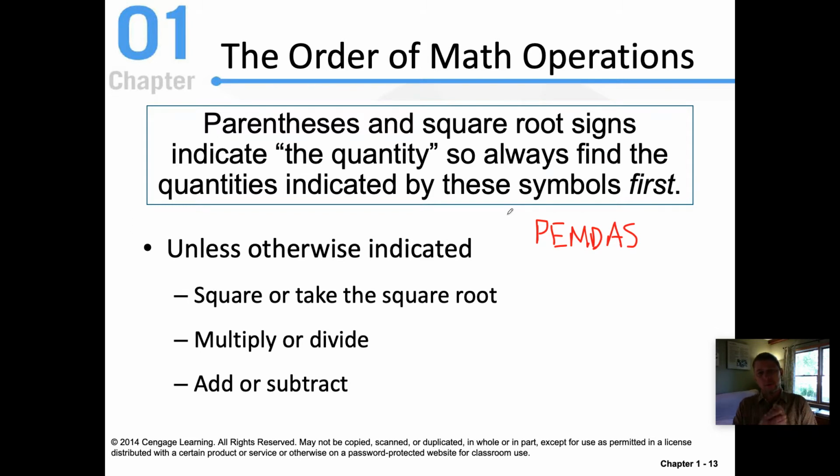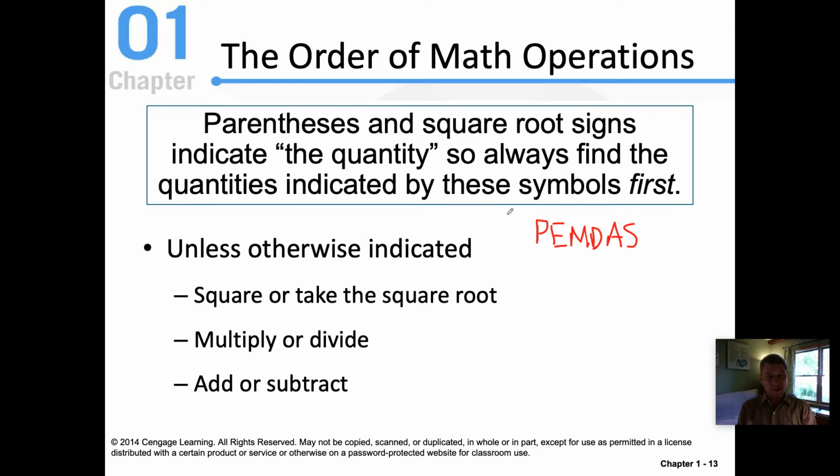What this suggests is that parentheses and square root signs, in other words, the P and the E, always come first. These symbols that you find in your mathematical equations always go first.